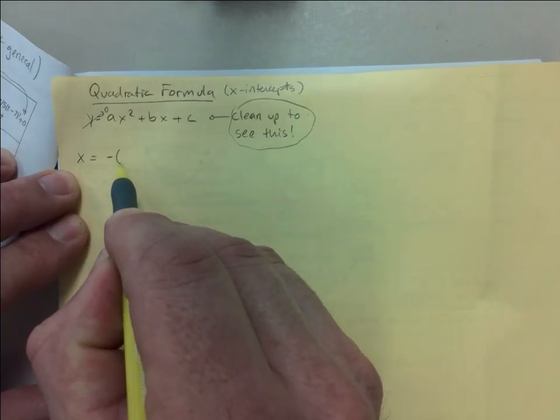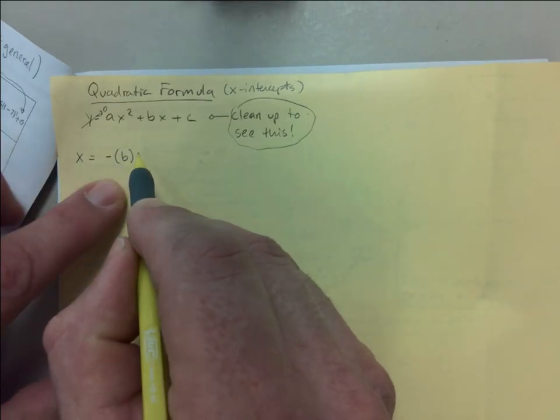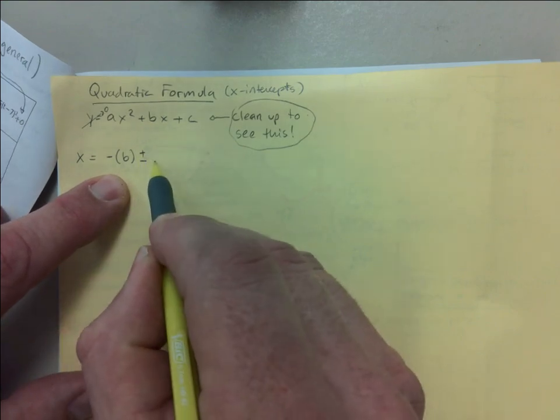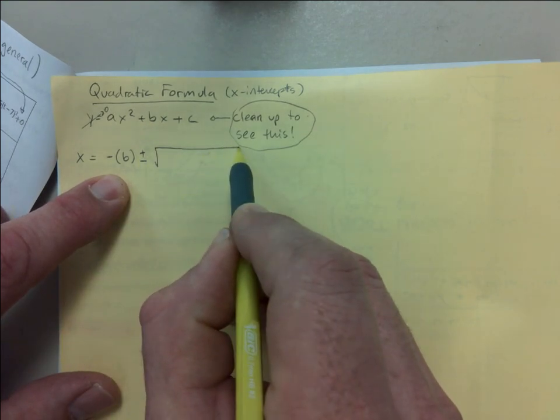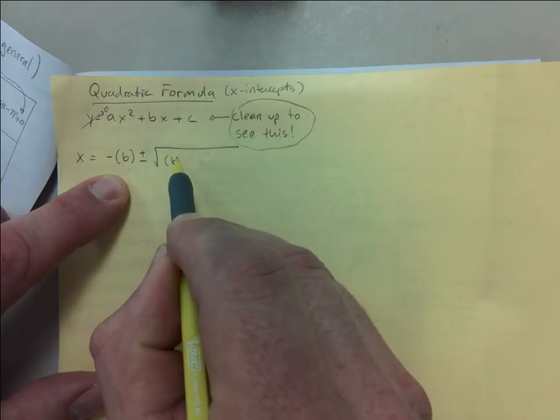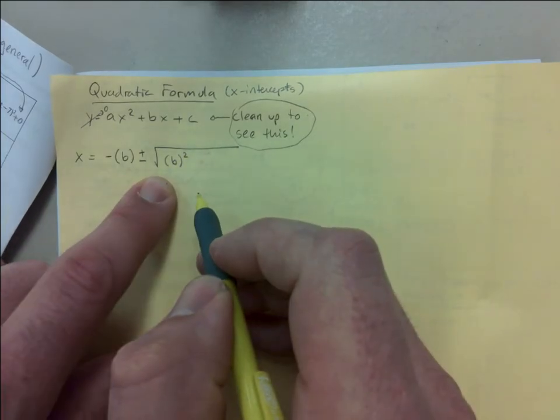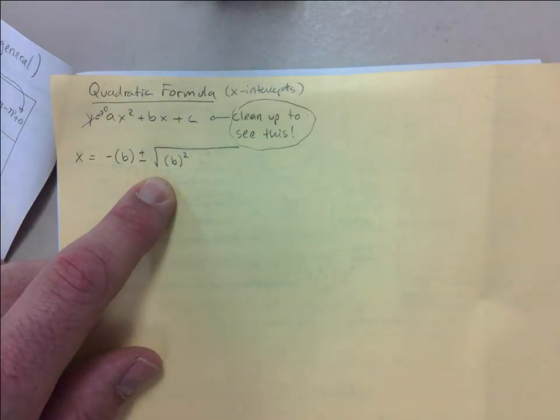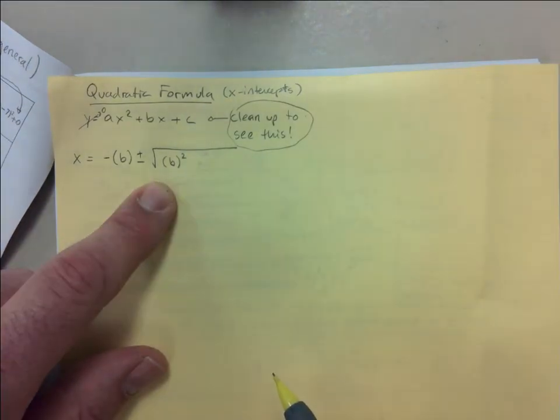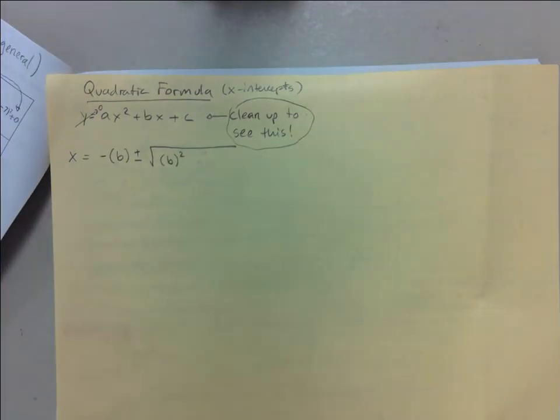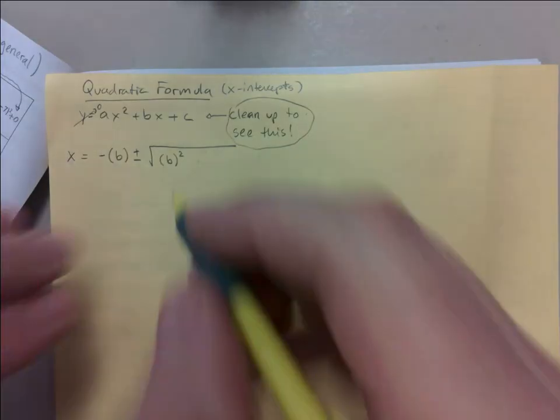So we go negative whatever b is, plus or minus, and everything that gets substituted I put in brackets. This is not the formula you would find online; there would be no brackets. But every time you have a formula with letters, put them in brackets and insert whatever number you're given when you substitute.